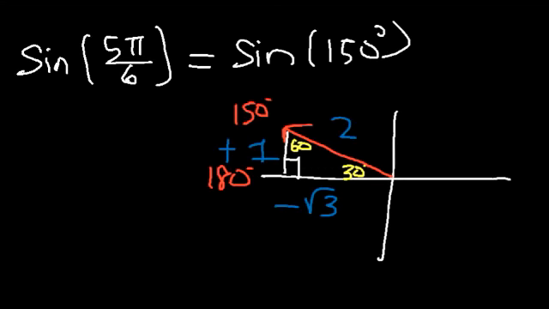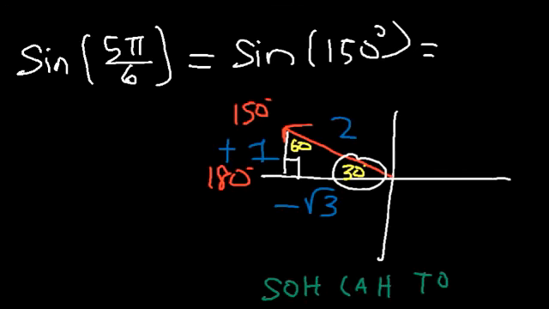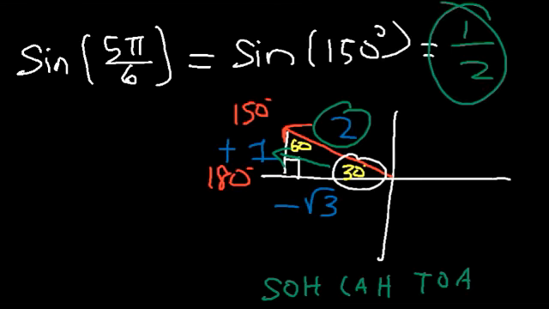So sine 150 is associated with sine 30. Let's focus on the 30 degree angle, the reference angle. Sine is opposite over hypotenuse based on SOHCAHTOA. Opposite to the 30 is 1, and the hypotenuse is 2. So therefore, sine of 150, which is the same as sine 5 pi over 6, is 1/2. And you could check that with the unit circle.